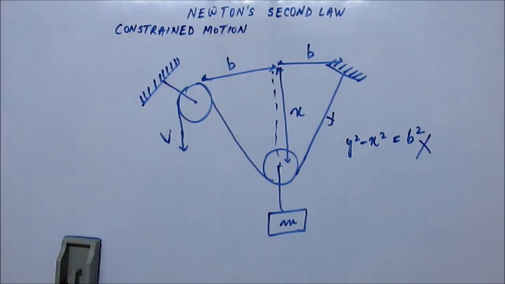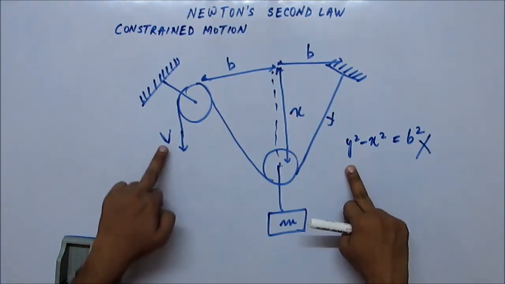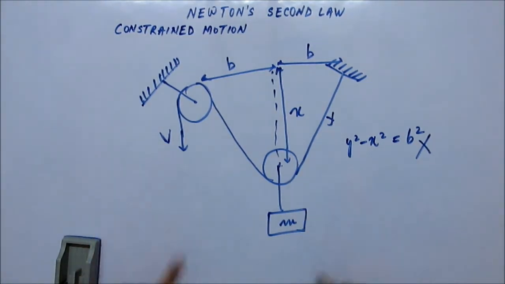And even if you, you can go with this as well, but that will unnecessarily complicate things. For the reason, you know why? Because it will be difficult to relate this velocity with dy by dt.